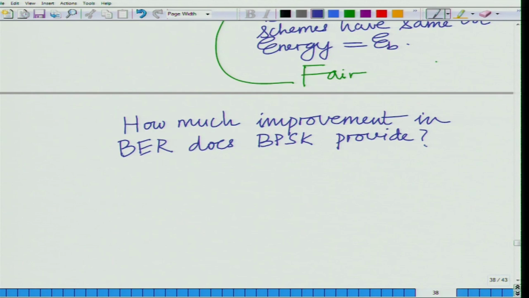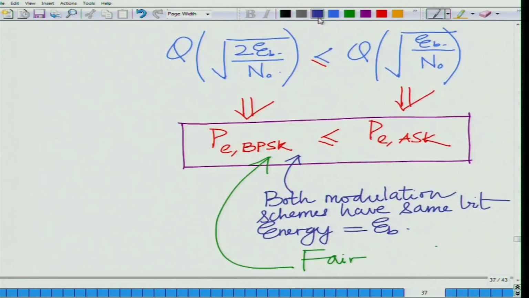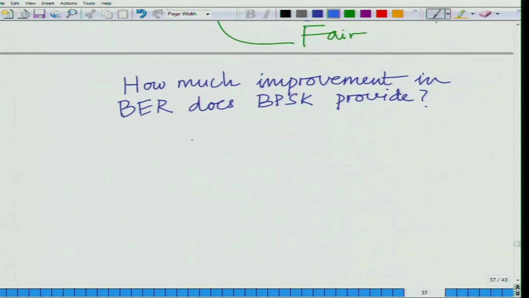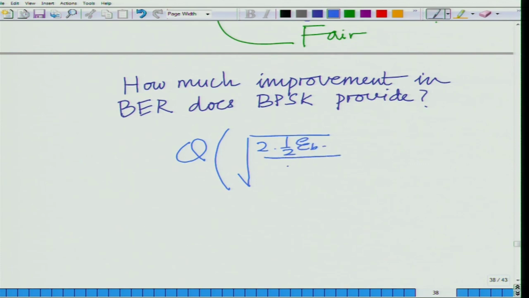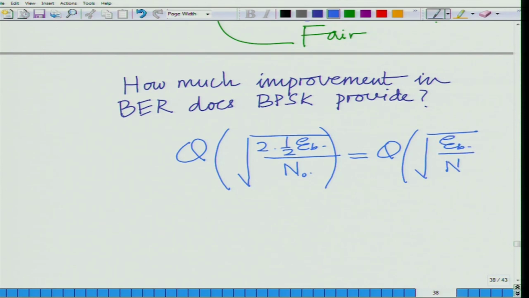Now, if you look at this, for the same bit error rate, in BPSK we need half the average bit energy. That is, if you use half the average bit energy, the bit error rate for BPSK is Q of square root of (2 times half Eb divided by N naught), which equals Q of square root of Eb over N naught.